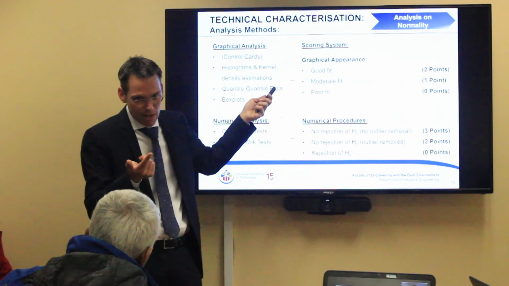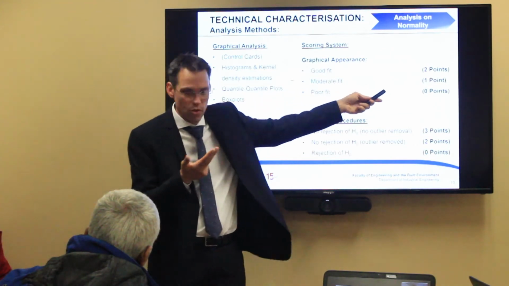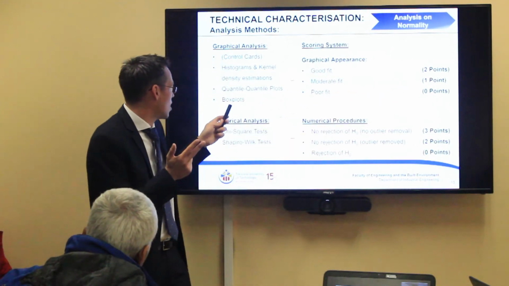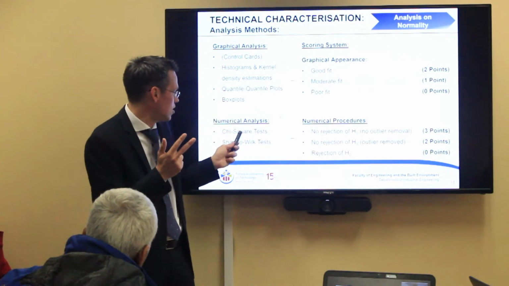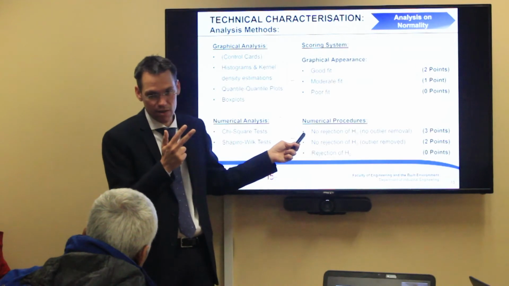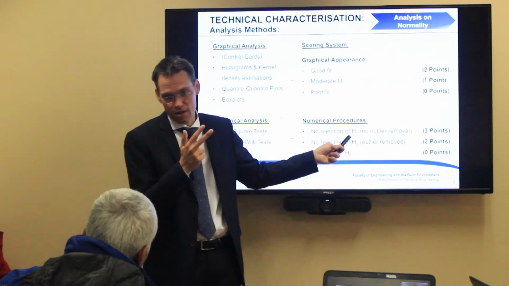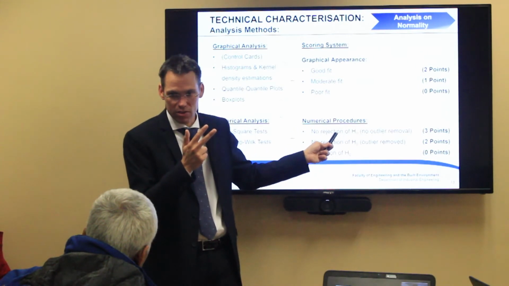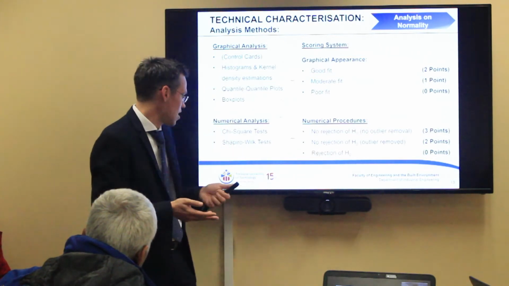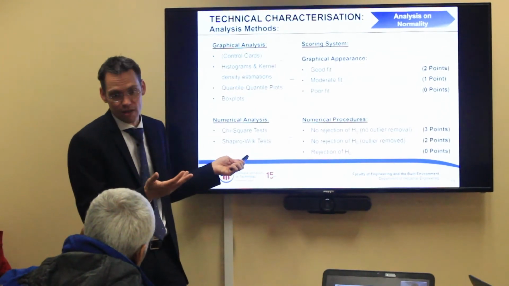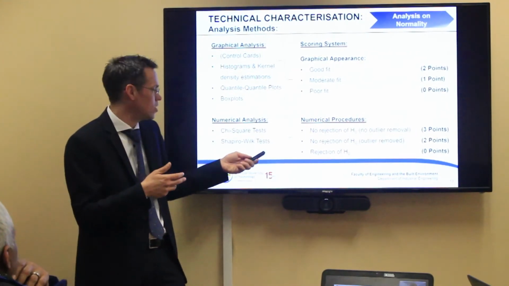If it's a moderate fit there, it gets 1 point, so I have 3 points. So I look at the box plots, doesn't fit, it gets 0 points. It stays with 3. Then the chi-square test says, well, prior to outlier adjustment, I assume it's normally distributed. I get 3 points on top, it makes 6 points. And now it's on the Shapiro-Wilk test. How will it score? Will it say yes or no?